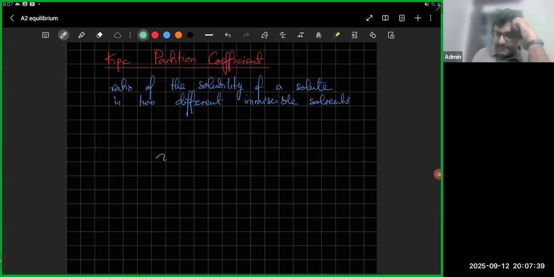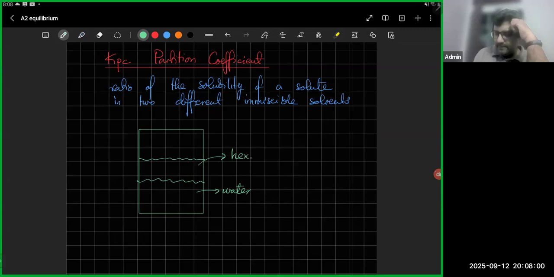But what is KSP? So you've got a lot of immiscible liquids. One example is oil and water. So you have water over here, and let's say you have oil over here, or instead of oil I'm going to write hexane.